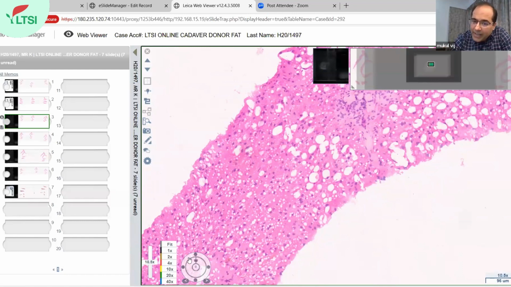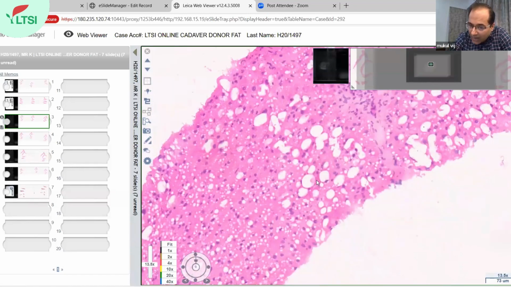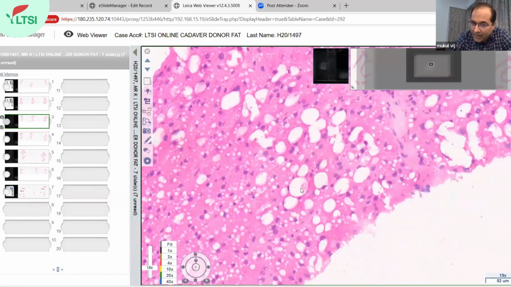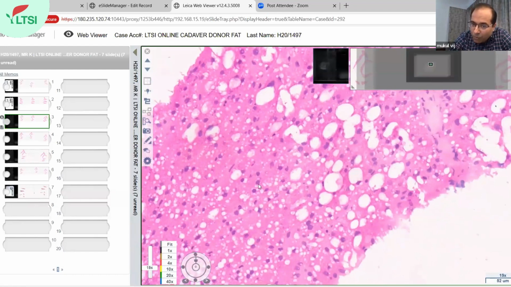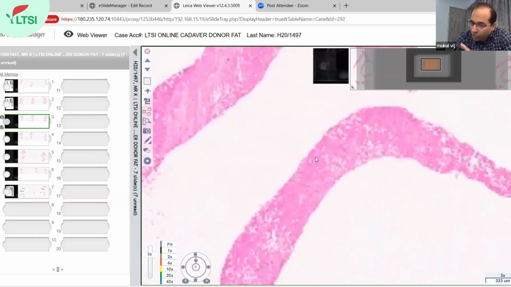But now we know that if you see any injury in the biopsy, it is because of the large droplet rather than these small droplets. These small droplets are because of the short-term injury to the liver when you harvest it, and should not be included in the report. So if it comes to us as a biopsy, we'll say a rough estimate of around 25%.